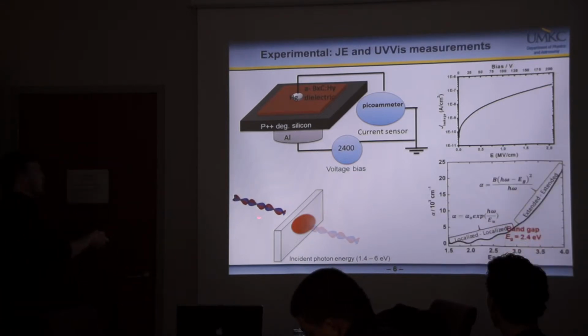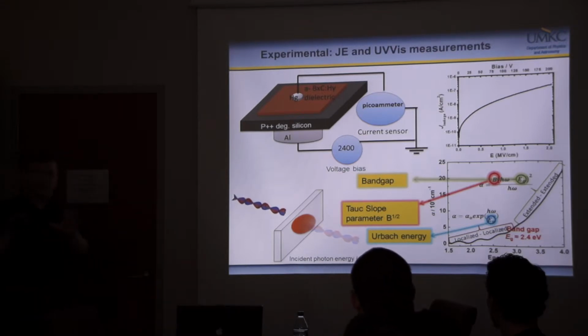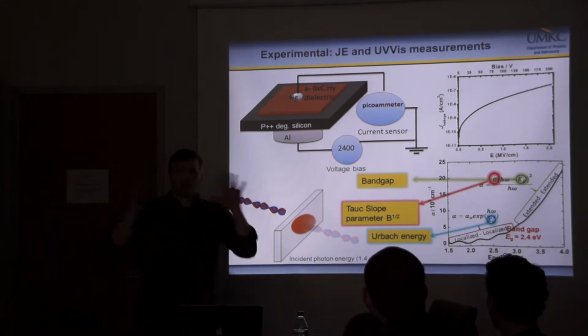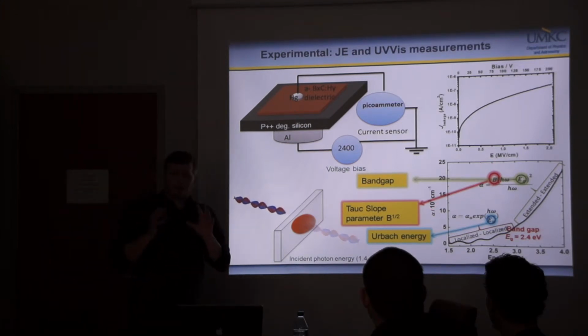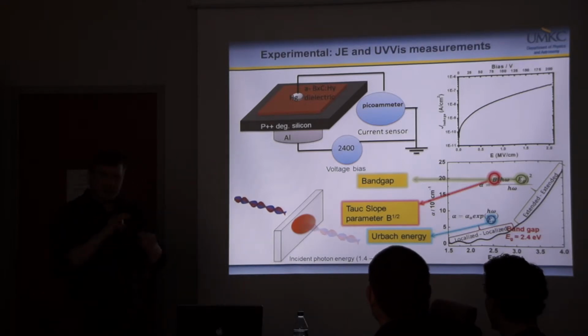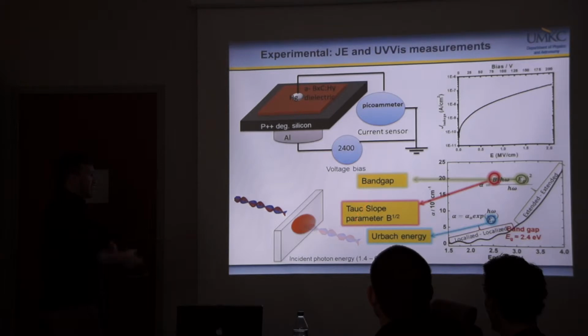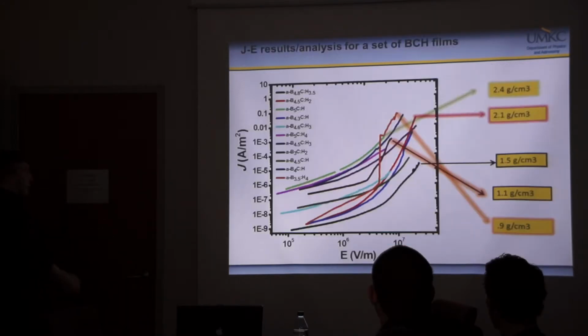Then UV-vis spectroscopy was used to extract the band gap, the Tauc slope parameter, which is a measure of the overall topological disorder of the network, and the Urbach energy, which measures potential fluctuations caused by strain in micro parts of the network. So it's just strain and weird bonds, whereas the Tauc slope is the total disorder of the network, and the band gap is the separation between the conduction and valence band. The Tauc slope was used to get the band gap.